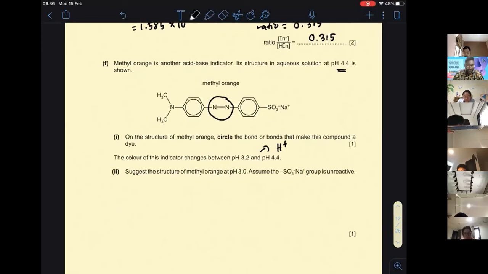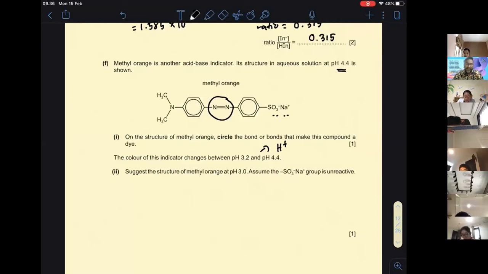So suggest the structure of methyl orange at pH 3.0. Assume the structure is unreactive, meaning this part will not react. Now, if I want to suggest a structure, there should be a change that will happen to the structure of methyl orange.